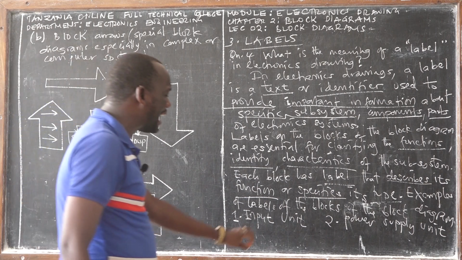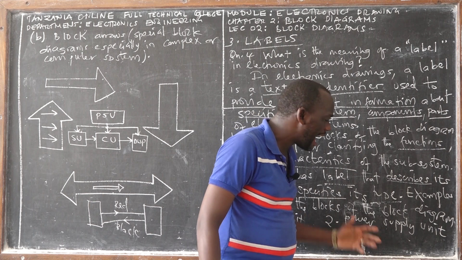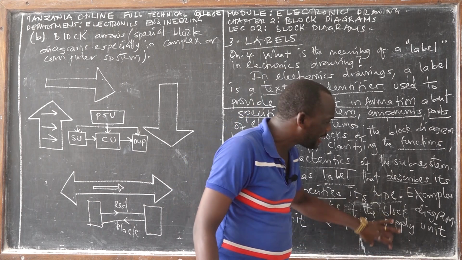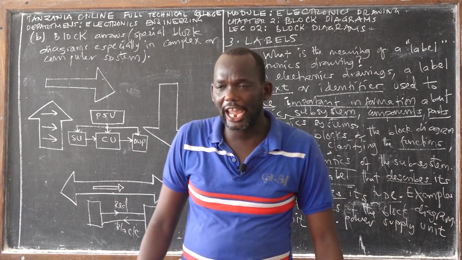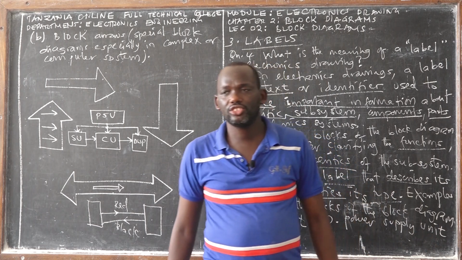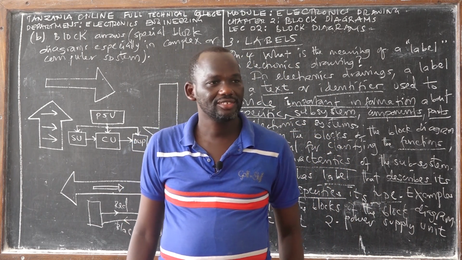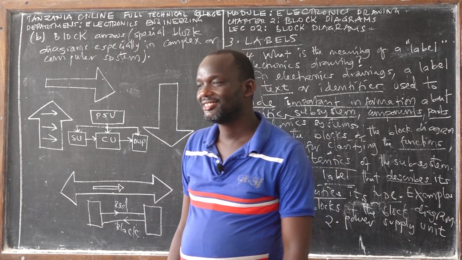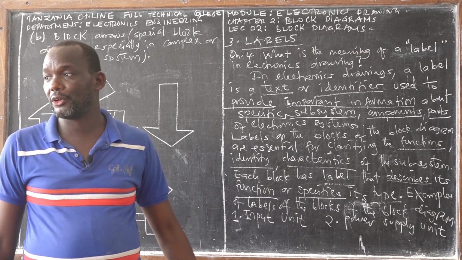It may be receiving another form of power, but it processes that power until it has the desired output, and that output will be distributed into different parts. A good example of a power supply unit is your mobile charger. Not your mobile phone. Battery, yes, battery is the source of power.